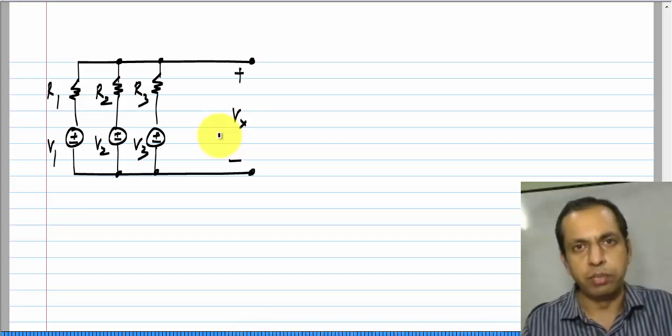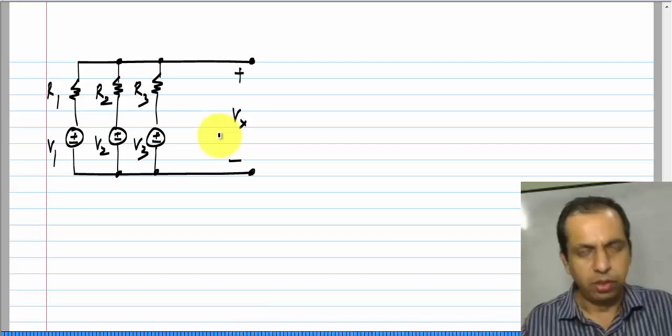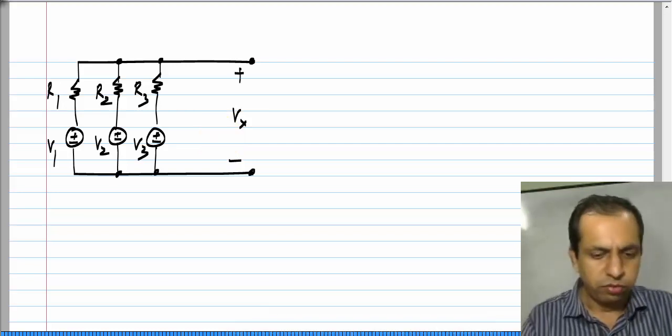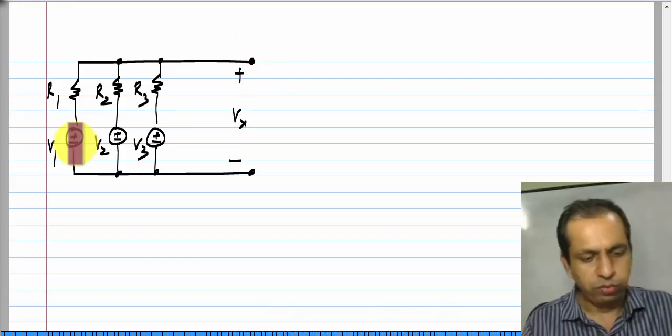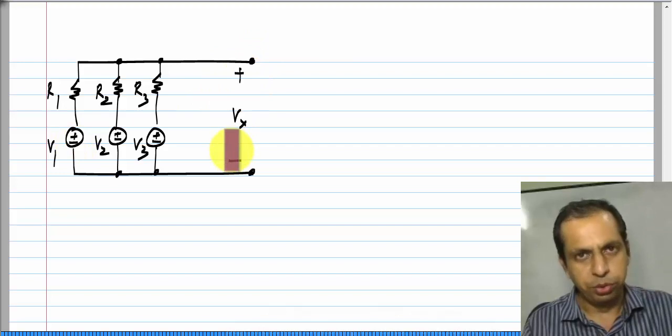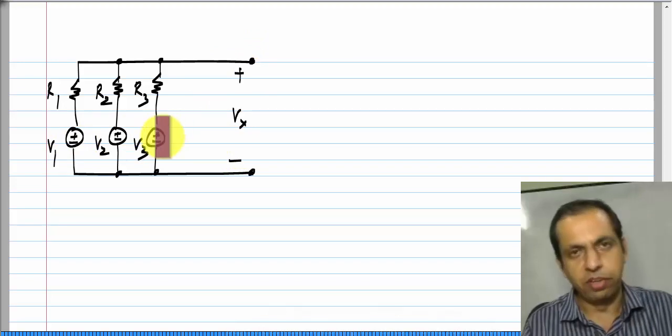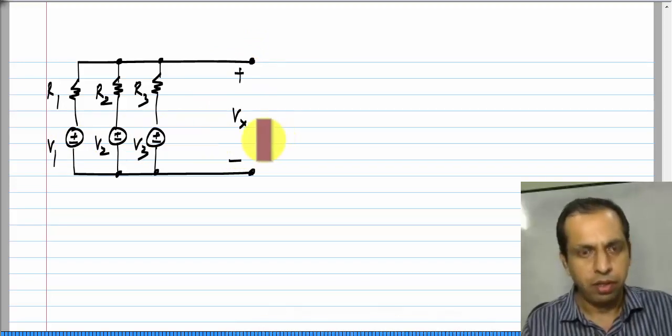Now, just for the heck of it, I will use reciprocity to do this. So, what do I do for that? Essentially, I should imagine that I have only one of these sources. I can find V x due to that one, and then I repeat it for other sources and apply superposition.